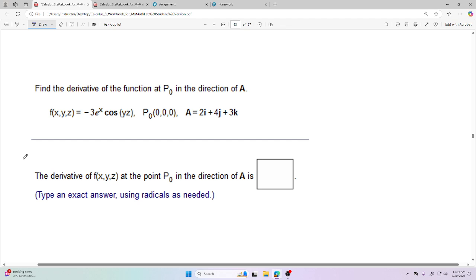I know it looks so much more complicated. At least the point's at 0, 0, 0.